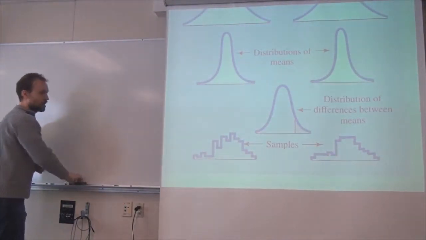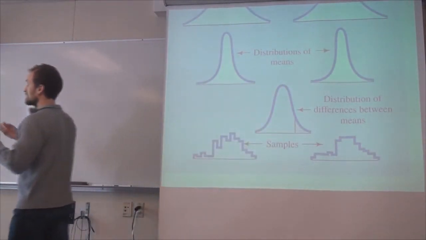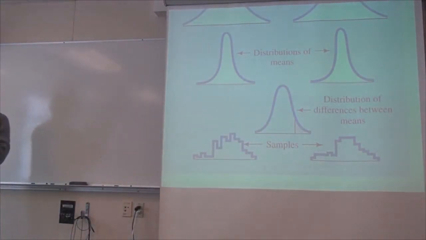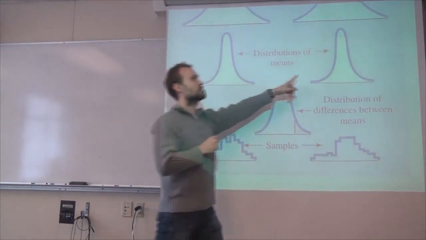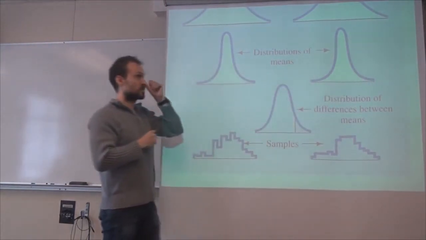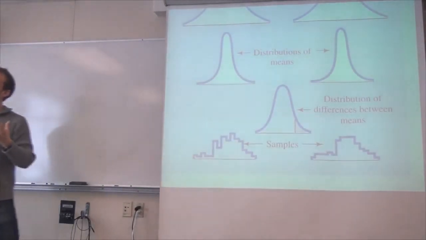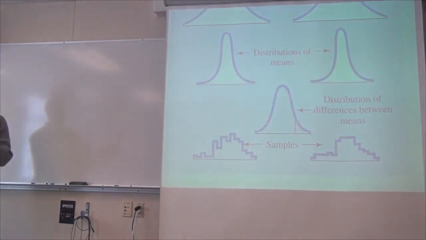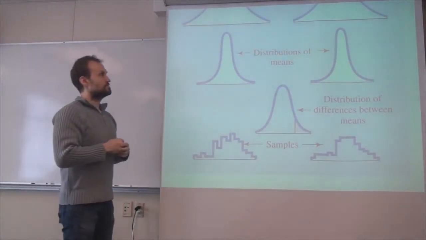The mean of this is going to be 0, because I'm assuming under the null hypothesis those 2 means are the same. I'm working under the null hypothesis and seeing how extreme my samples are in that setting. Should I reject the null hypothesis?